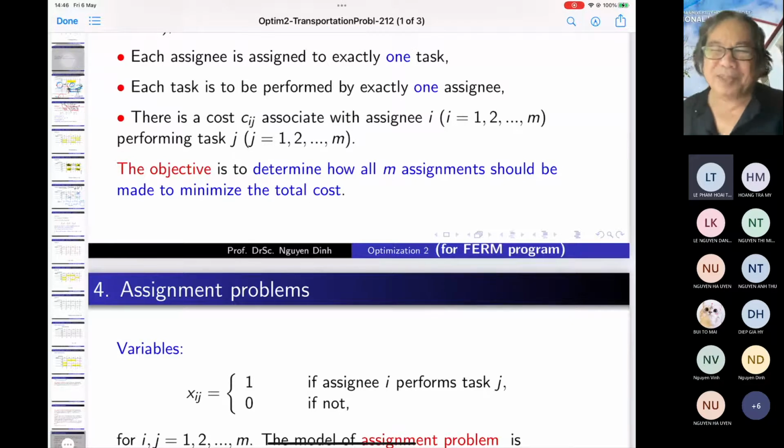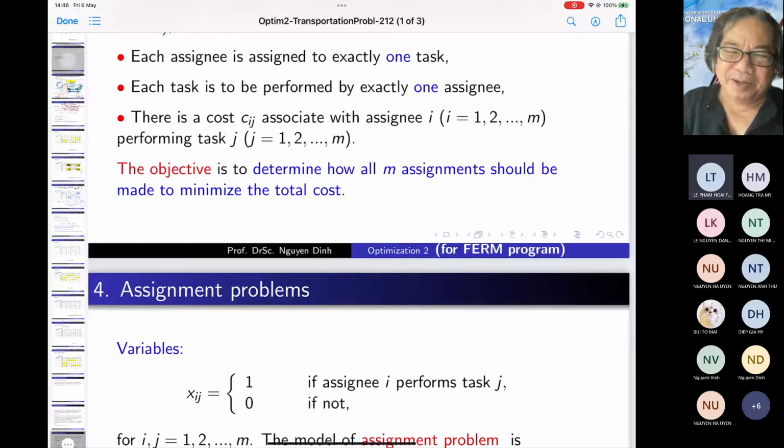The cost means, for example, there are 3 candidates. One candidate finished the BA program. One candidate finished financial engineering of the Department of Mathematics, and one finished EE.